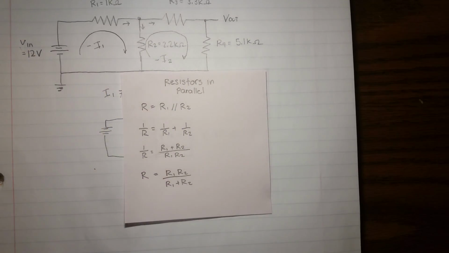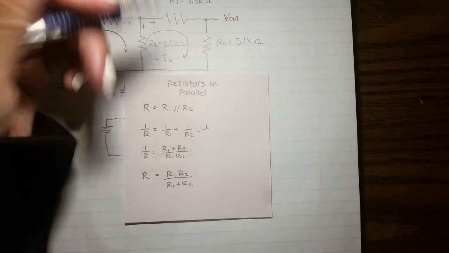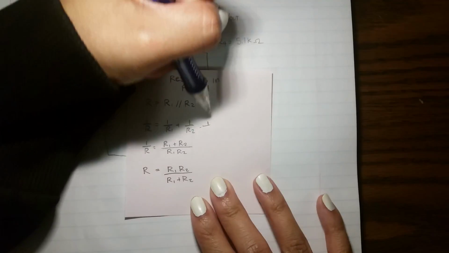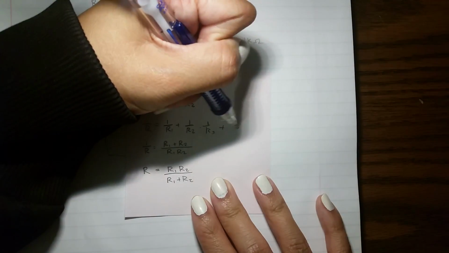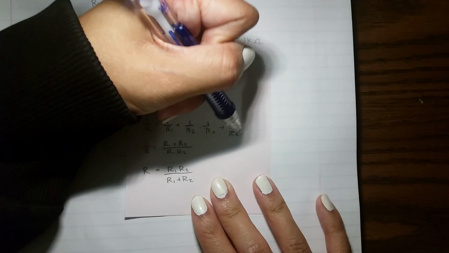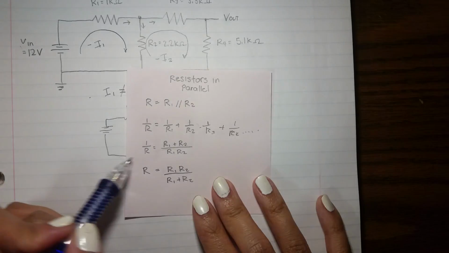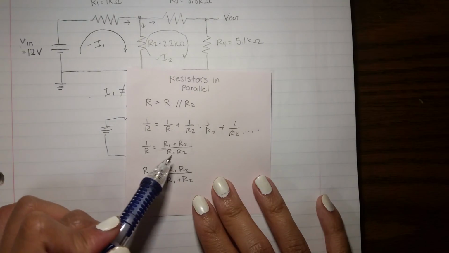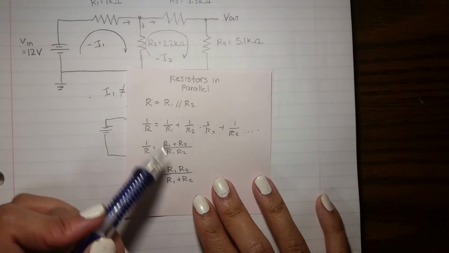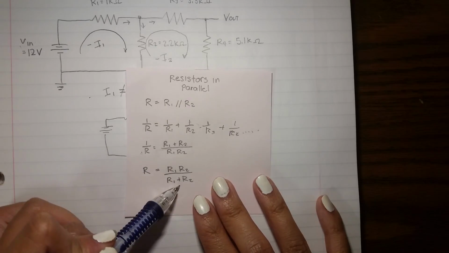If you have more than 2 resistors, you just keep adding, 1 over R3 plus 1 over R4, and so on. In this case we only have 2. When you add fractions together, you find the common denominator, and then you end up with this, and then you take the reciprocal of that and you get this.